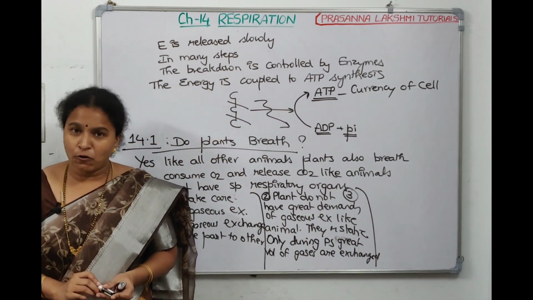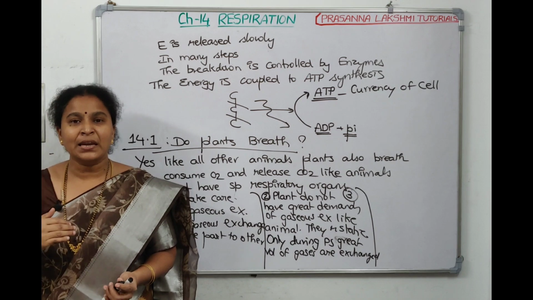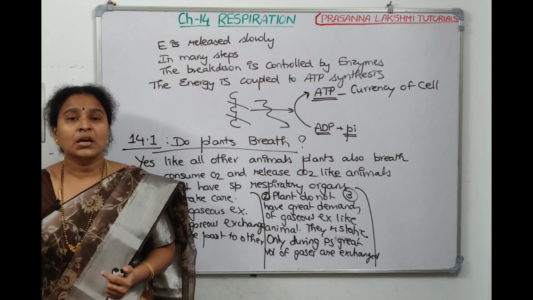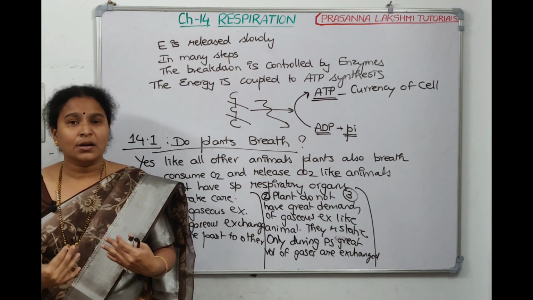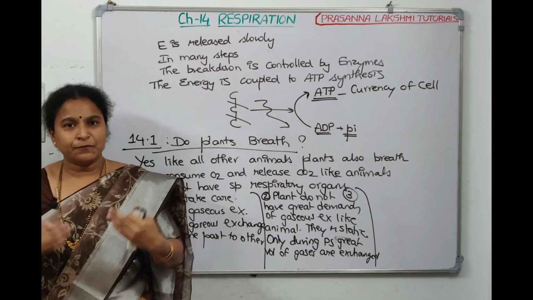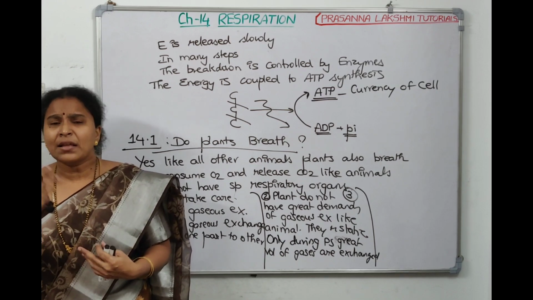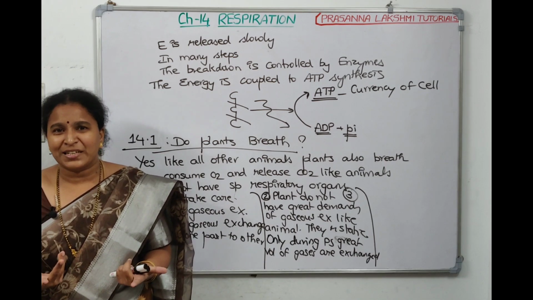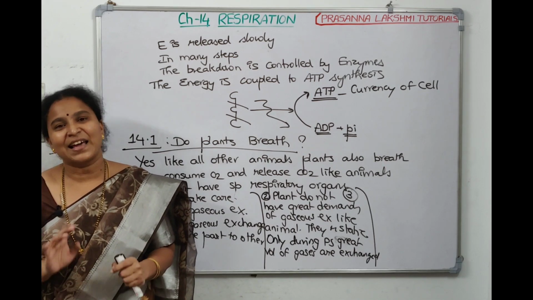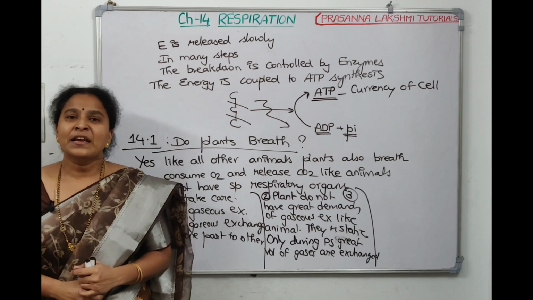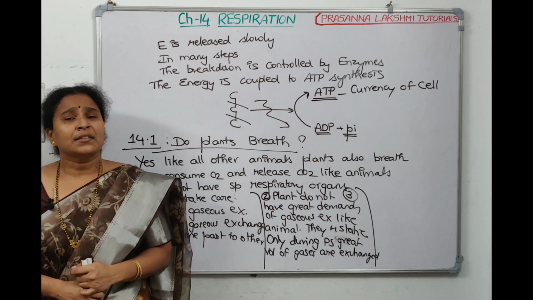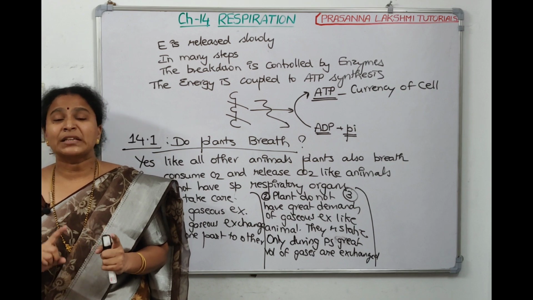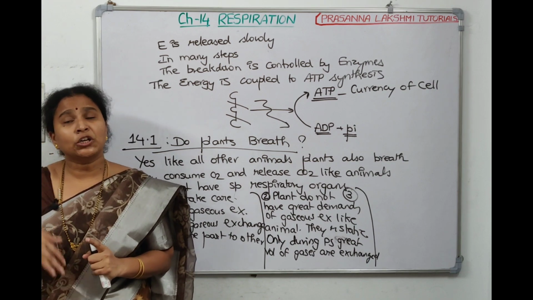When they do photosynthesis, they take CO2 in and release oxygen out. The oxygen they want, they will use for themselves, and the remaining oxygen they will release outside. So during photosynthesis they need not do respiration because oxygen is already there in their cells. That's the second explanation.